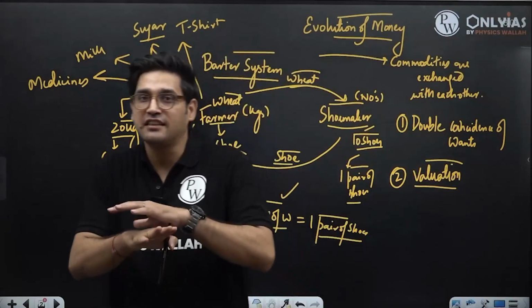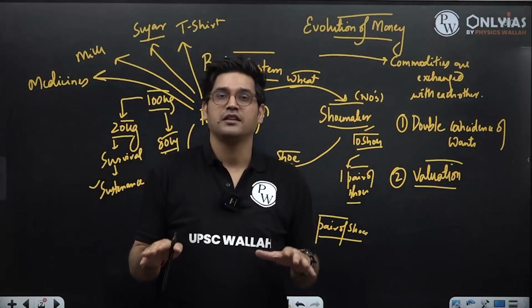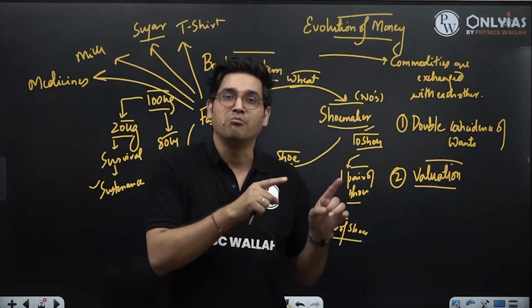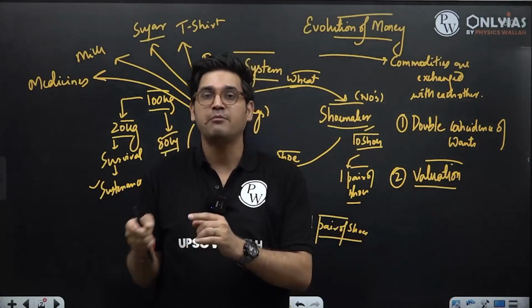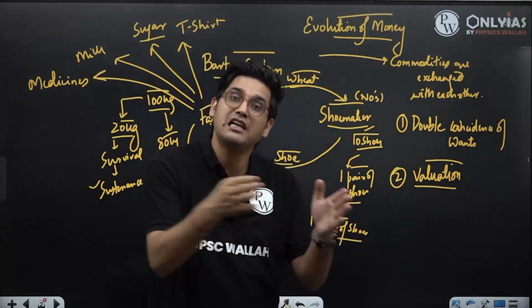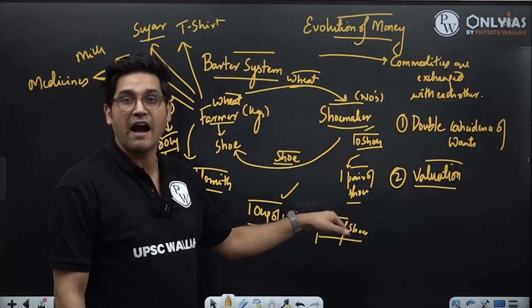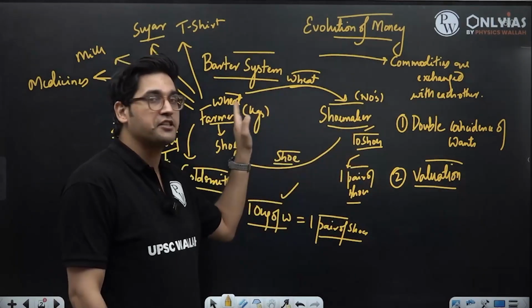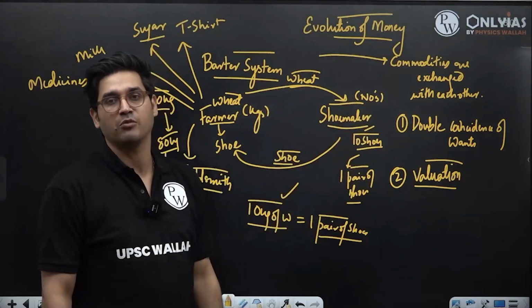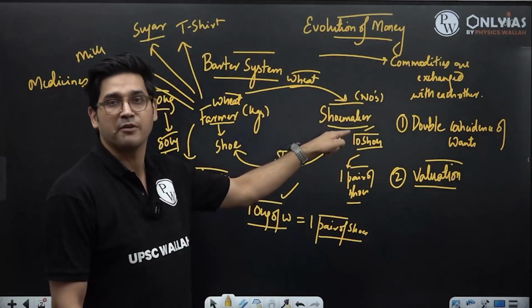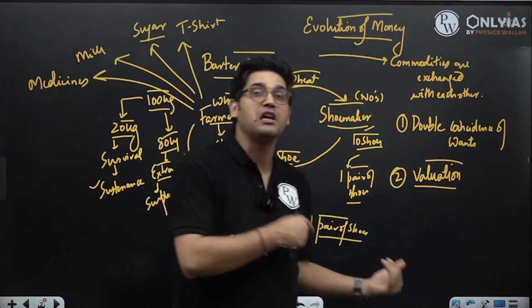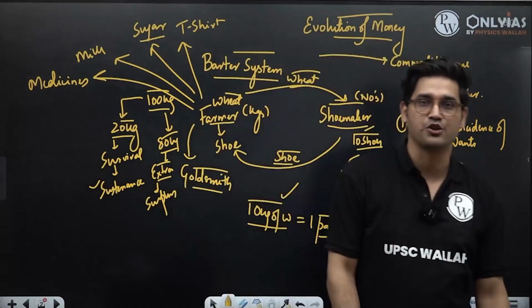That means that in this kind of an economy, the prices of multiple commodities will be expressed in the form of multiple other commodities. That means each person will have to remember the exchange rate for many commodities at one point in time. For example, if a milkman comes to the shoemaker, how much milk should he ask for in exchange for one shoe?